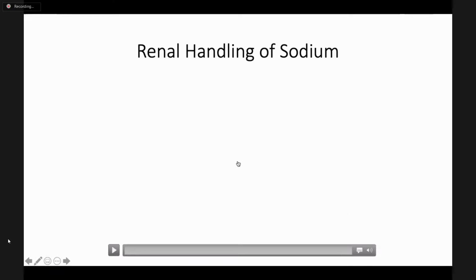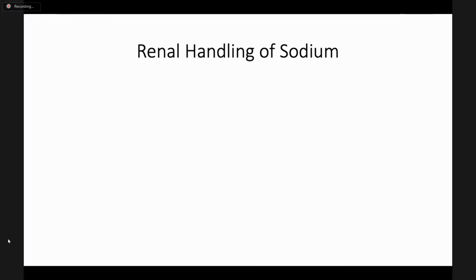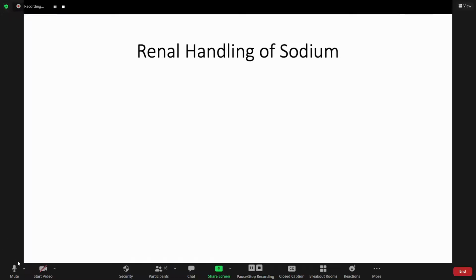Okay, talking about renal handling, it's actually how the nephron handles a substance. What is the fate of sodium when it is filtered from the glomerulus?